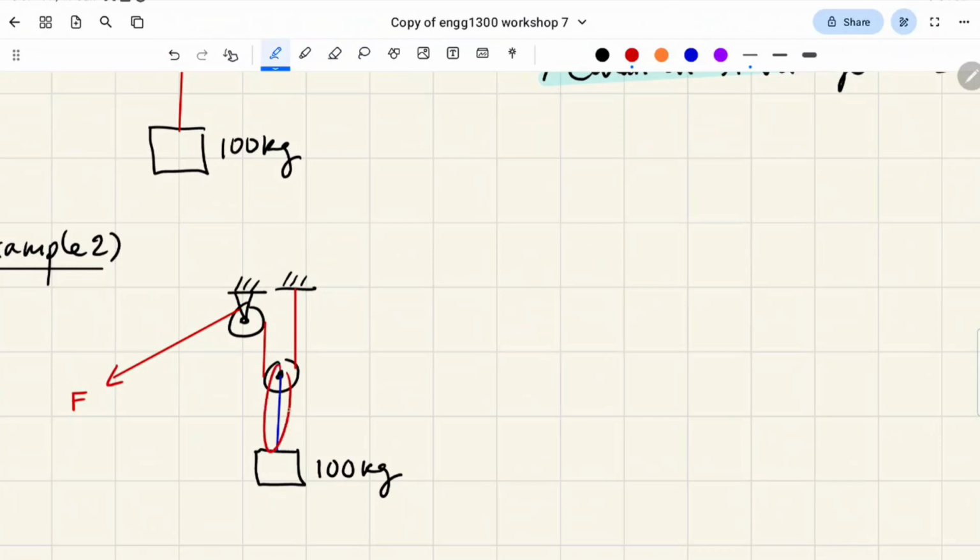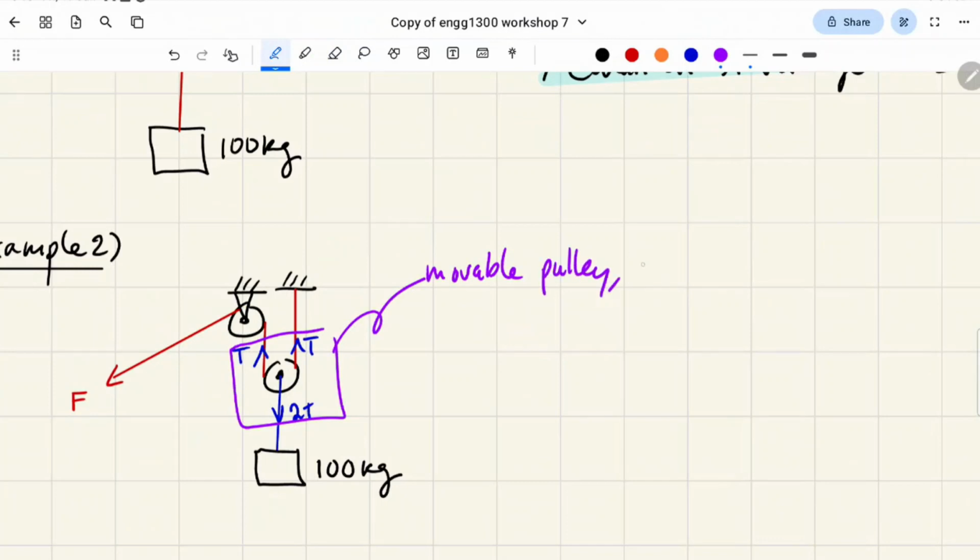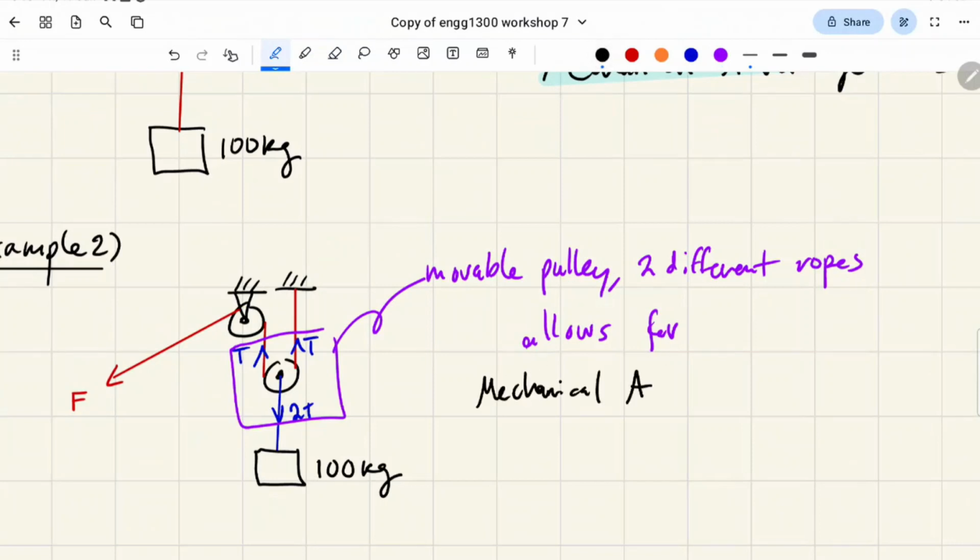So in this system, because we have a moving pulley, and because we have 2 different ropes, you'll find that when we're analyzing this moving pulley, you can allow for a mechanical advantage of 2, such that the force that you have to pull on this rope is only going to be half as much as with the previous system.